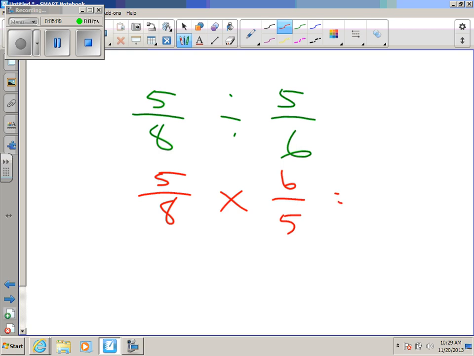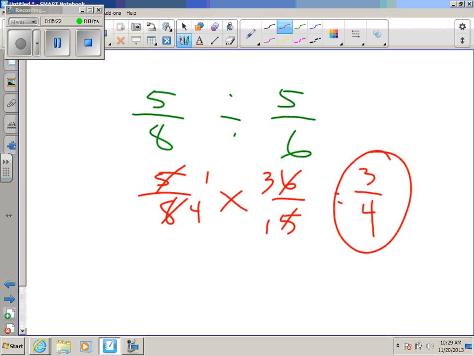Now, we've got everything in fraction form. I can start reducing. Both have 2 in common. And we get 3 over 4. If I change the problem to multiplication, I can multiply any two numbers. If I keep it as division, it's not as easy. I'm relying on how the problem works out.